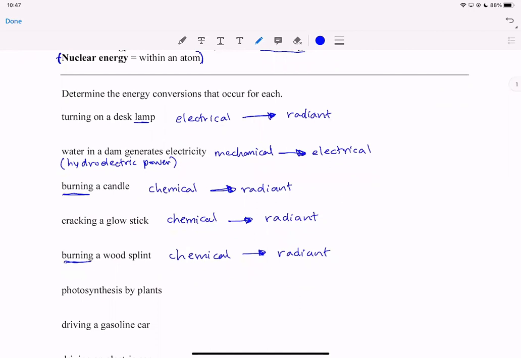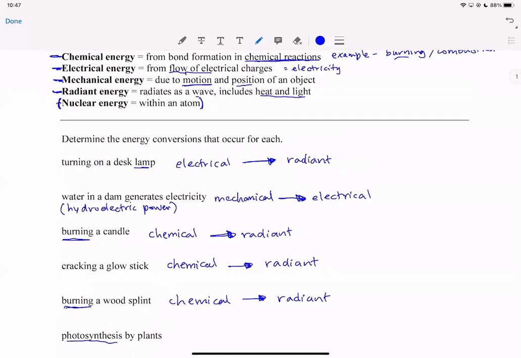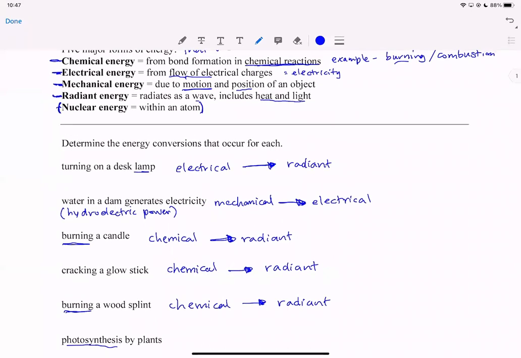How about photosynthesis by plants? Plants do great things. Plants provide us with food. Plants convert carbon dioxide into oxygen, and this is the process of photosynthesis. So what do plants do? They take the energy from the sun and convert it into energy for the plants to continue their life and growth.